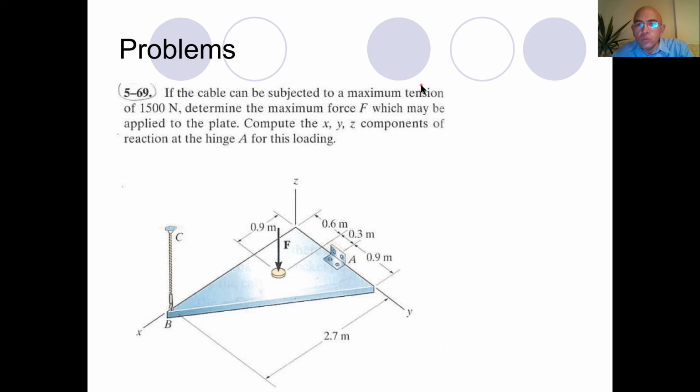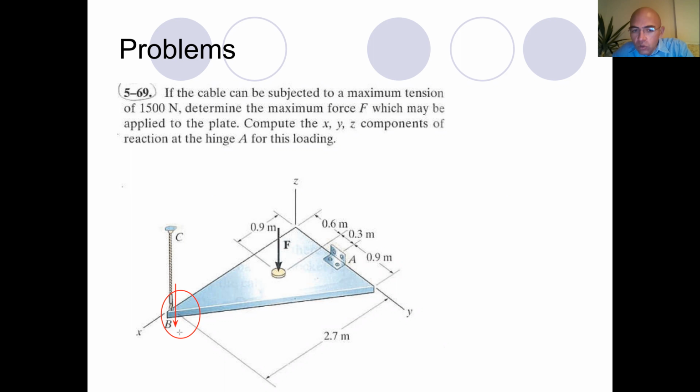Now, first thing that we have to do is to draw the free body diagram of the plate. Therefore, we have to look at the joints for this purpose. So first, let's look at the joint B and isolate the joint B from everything. Now, if I look at the joint B, I can see that this joint will restrict the motion in this direction.